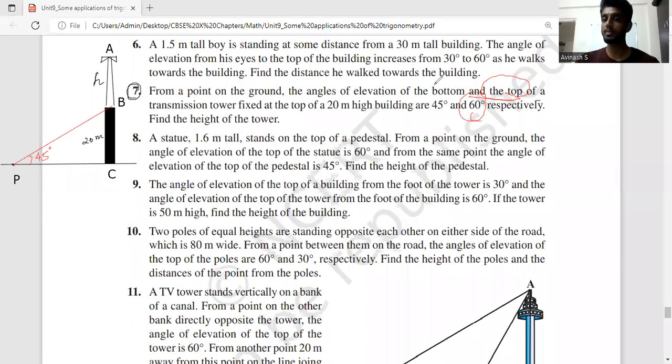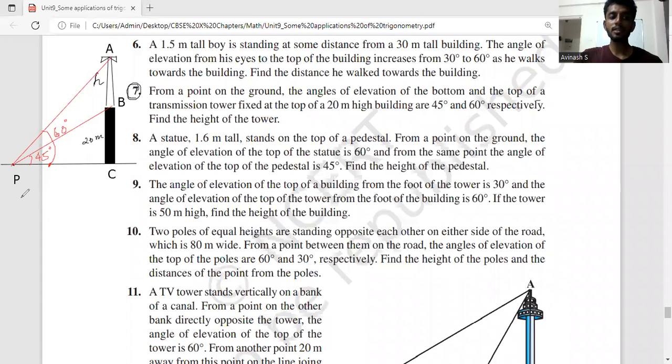That is the meaning of respectively, right? So, top is 60 degrees. From the same point of observation, the observer is not at all moving. Now, it is a blunder if you mark like this. This cannot be 60 degrees. When they say 60 degrees, it means from here it is 60 degrees. The whole angle is 60 degrees, and this is the diagram, and we are supposed to find the value of h.